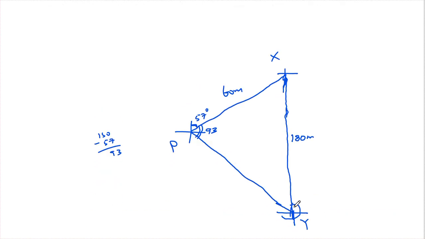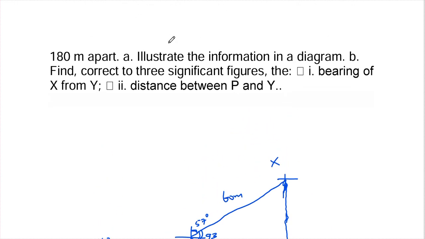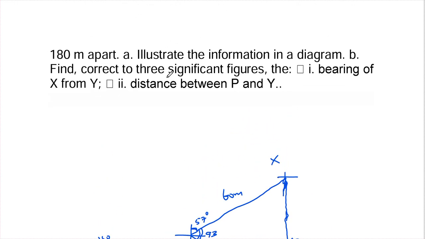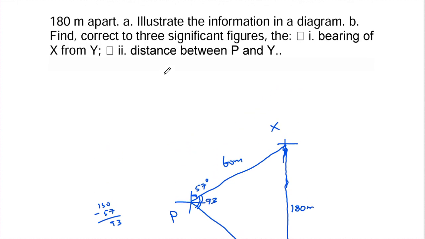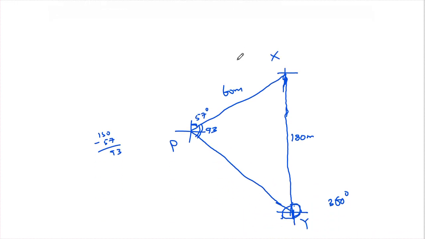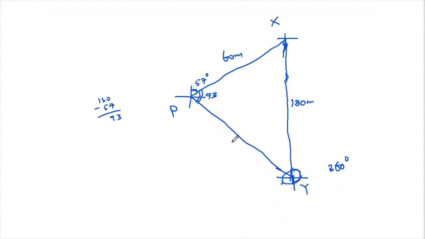Now this is quite interesting. First of all, the bearing of X from Y means from the north of Y. You keep going until you get to the bearing of X from Y. We don't need to calculate that, because it's obviously 360.